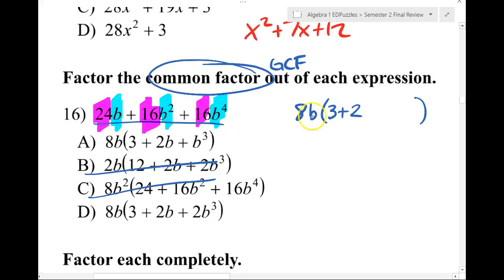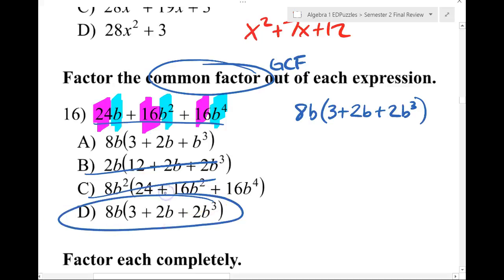And then b times what equals b squared? Well, I need to multiply b. Bring down the plus again, or the positive. And then 8 times what equals 16? Again, it's 2. And then b times what equals b to the 4th? I'd have to multiply 3 b's to get that. Okay, so then we know for sure that it's D, because that last term was 2b cubed.